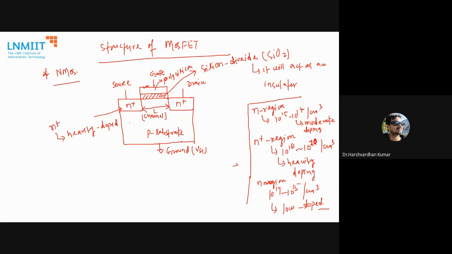This whole region is known as the semiconductor region. This metallic contact is separated from the semiconductor region by an insulator made up of silicon dioxide. So any doubt here? Yes?